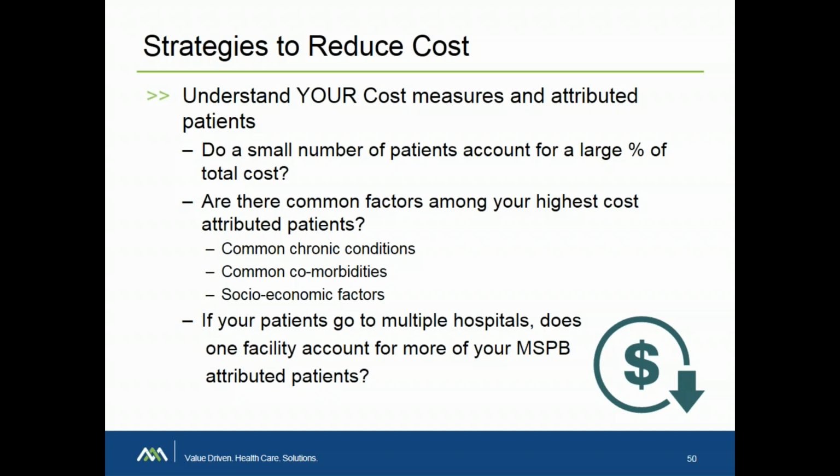And if your patients go to multiple hospitals, does one facility have higher costs than another? Maybe you want to funnel more patients when appropriate to the lower cost facility, assuming they have equivalent quality of care. I think understanding who's attributed to your practice will help you feel a lot more in the know about this whole cost category as a whole. Next slide.